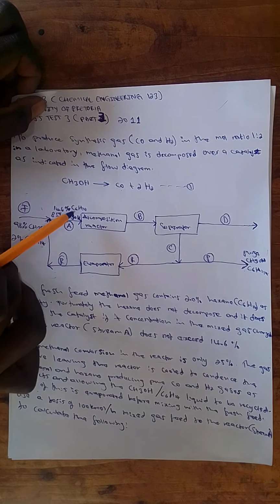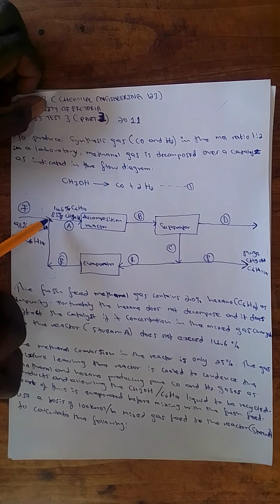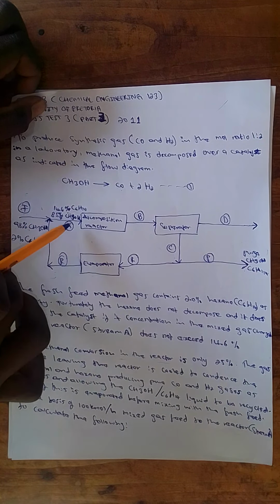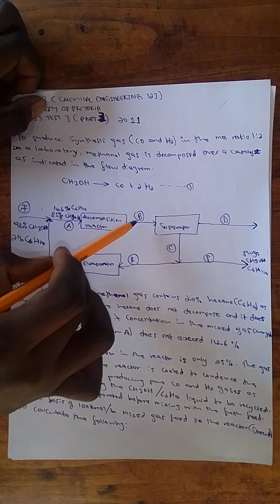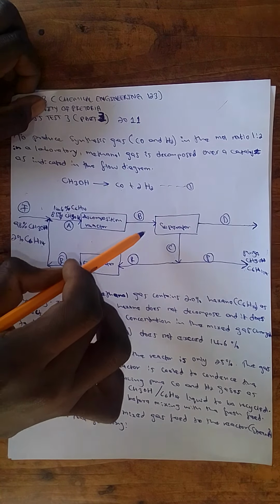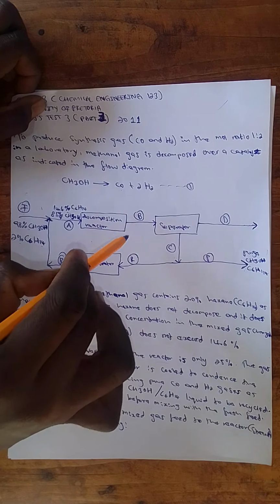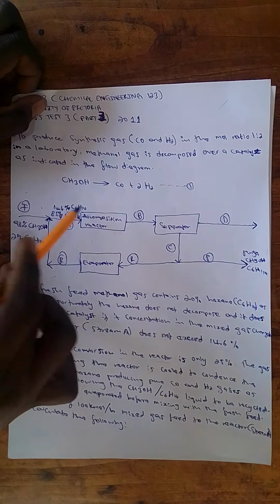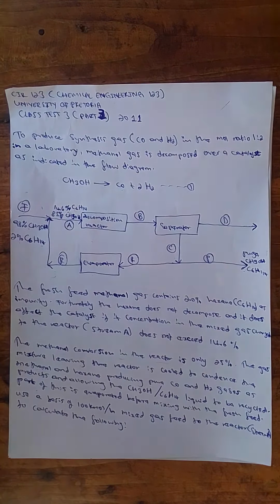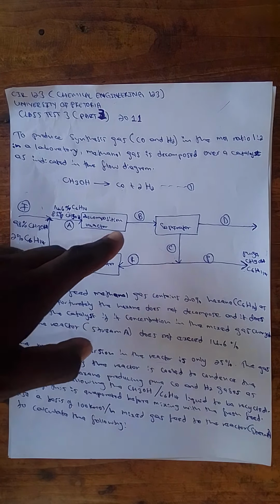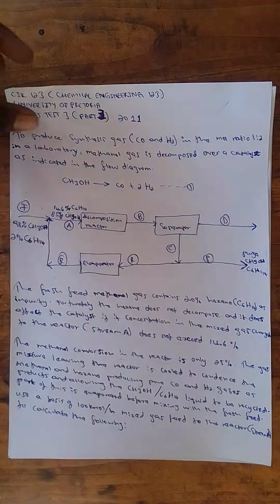We looked at the methanol entering through stream A, then analyzed stream B, the stream leaving the reactor, and checked the methanol in there. The difference between the two helps us calculate the conversion of methanol in the reactor. However, now they want the conversion of methanol in the process.